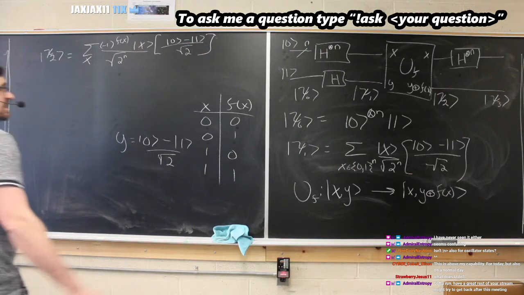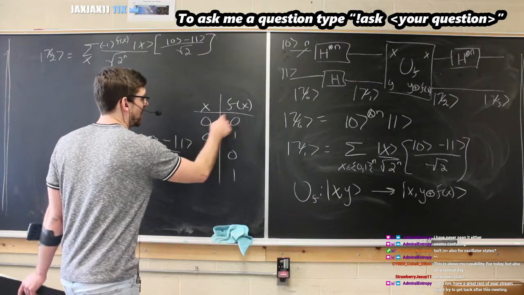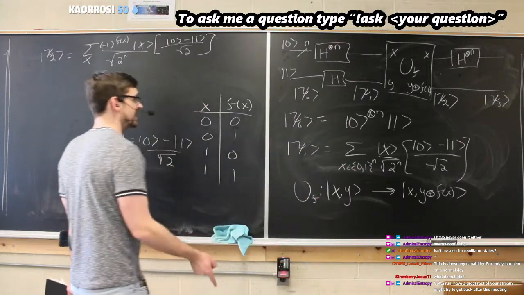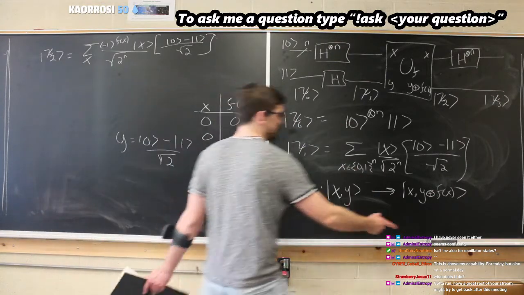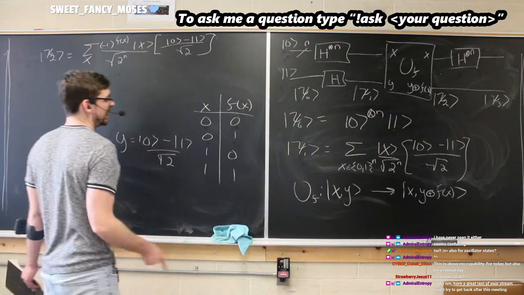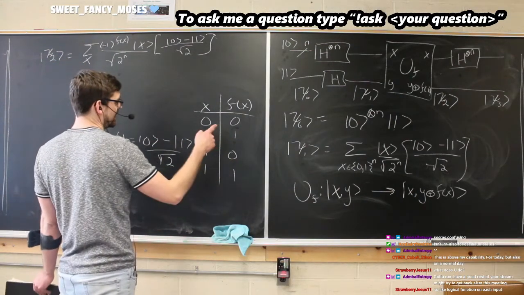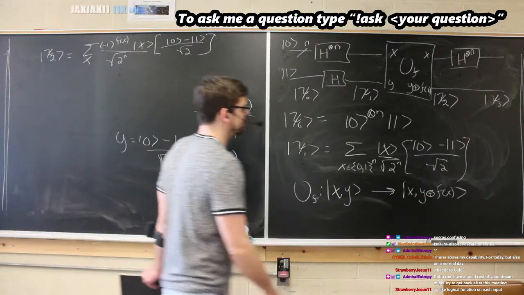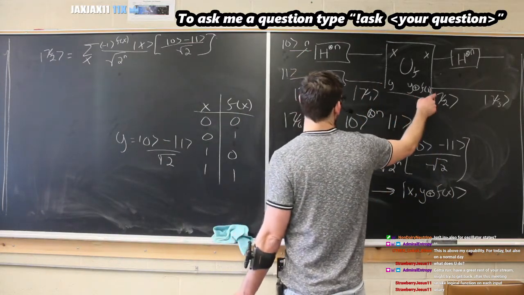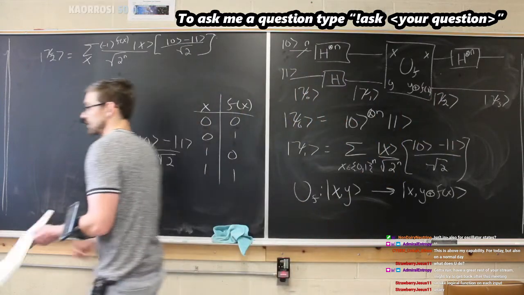If x is 0 and f of x is 0, then you're just going to get 0 divided by 2, so this modulus right here is going to be 0. But if x is 0 and y is 0, and f of x is 1, then you get something different. You get 0 plus 1 mod 2, which is 1. Okay?